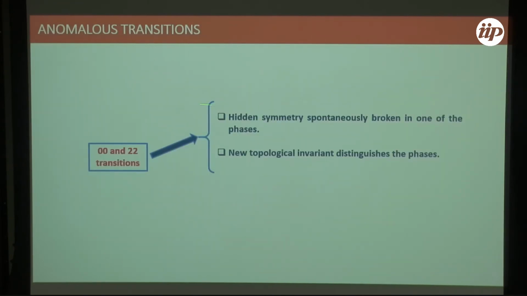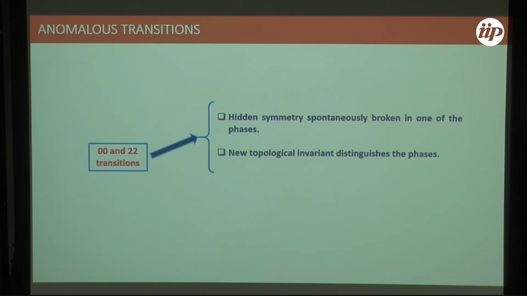So there are some scenarios that one could visualize to explain this kind of anomalous transitions. A possibility is that there is a hidden symmetry which is in fact spontaneously broken on one side of the multicritical point, or there could be a new topological invariant, not the winding number that we have computed, but a new one that would be able to distinguish between these two phases at opposite sides of a multicritical line.